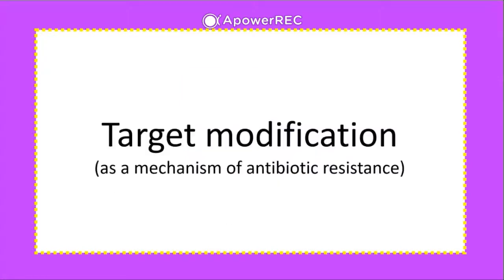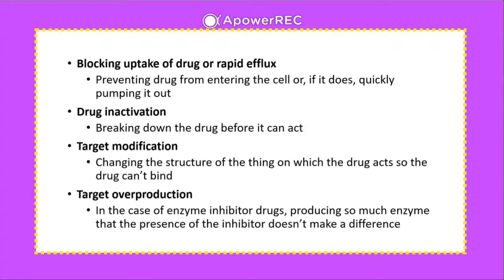Here we have target modification as a mechanism of antibiotic resistance. Target modification is one of the 4 types of antibiotic resistance that we see in microbes. It involves changing the structure of the thing on which the drug acts, so the drug can't bind to it.